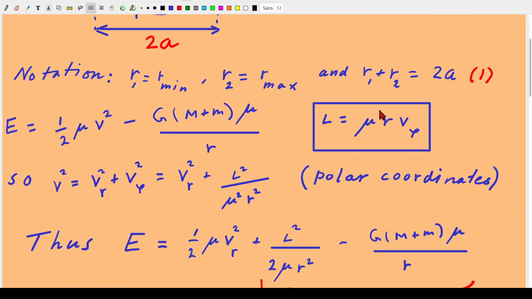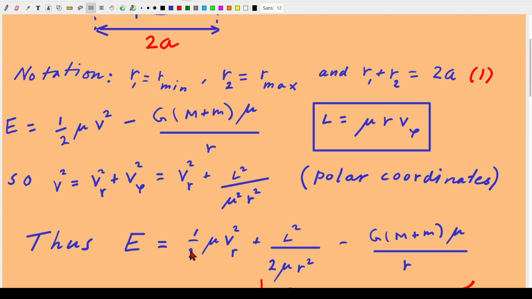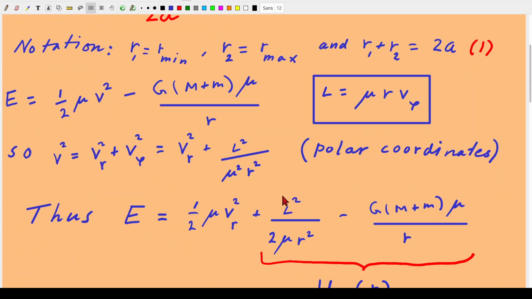You can check it. So what will happen to the orbital energy then? You have one contribution with the v_r squared and the phi term. We'll use this instead. So you then have this r-dependent term, and then you have the gravitational potential energy.